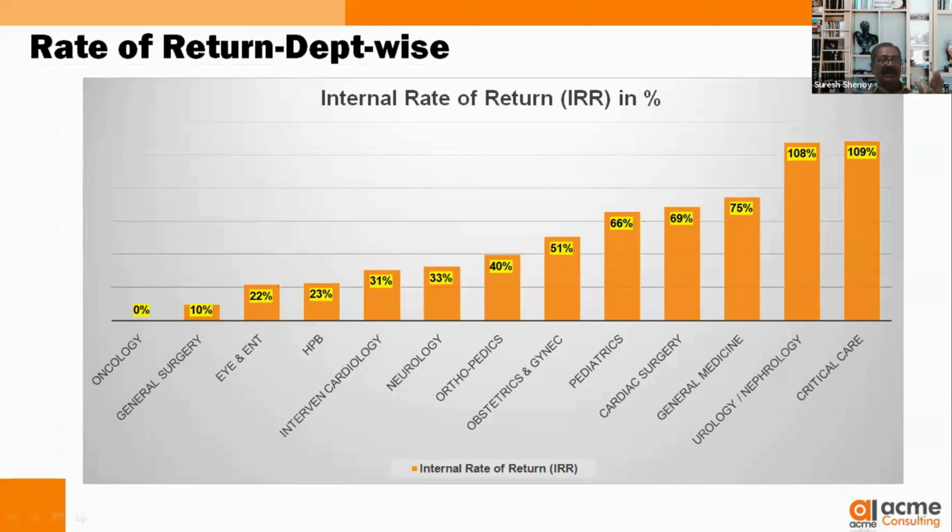So based on this, if you are having a limitation of funds, or maybe you are saying that you want phasing, what you can do is go for around 3, 4 or 5 departments, starting from the highest one to the lowest one initially, and then later you can slowly expand to the other departments.